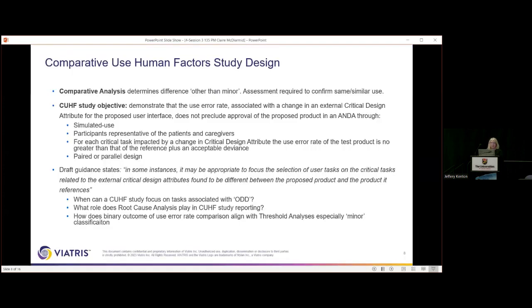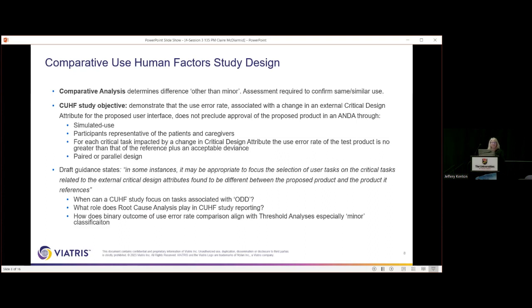So what are the challenges that we're facing? My purpose here is not to talk through the guidance, but to highlight elements that are causing us challenge. We know that comparative analysis determines that we have an other than minor design difference, and that an assessment is required to confirm same and similar use.